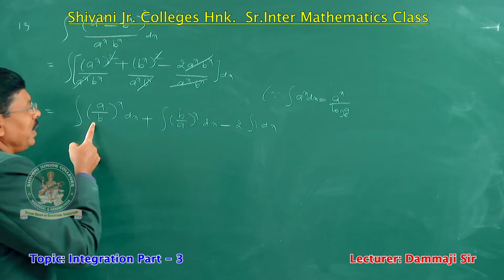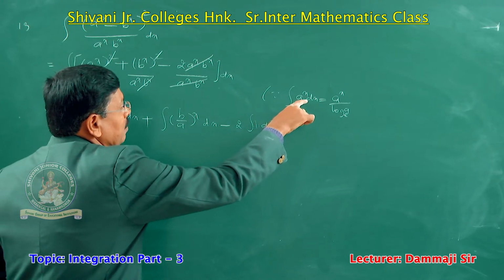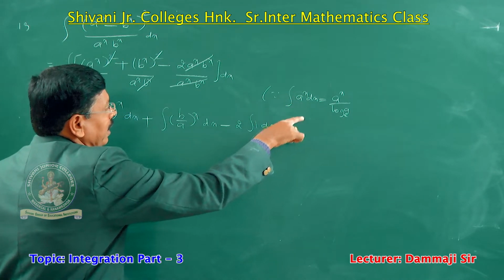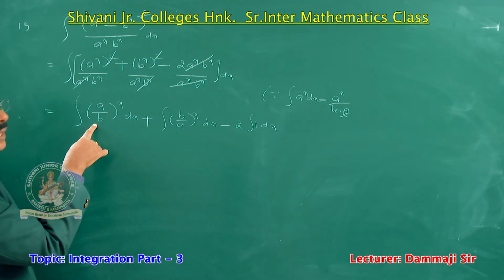For the first term, we have this formation: in place of a power x, it is a by b.